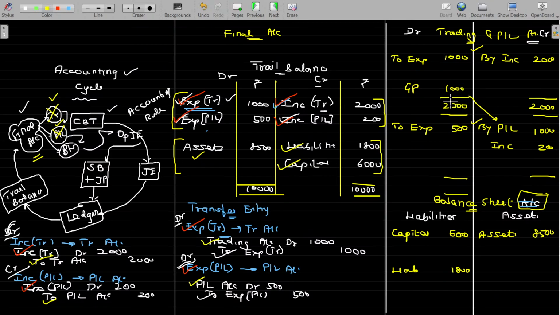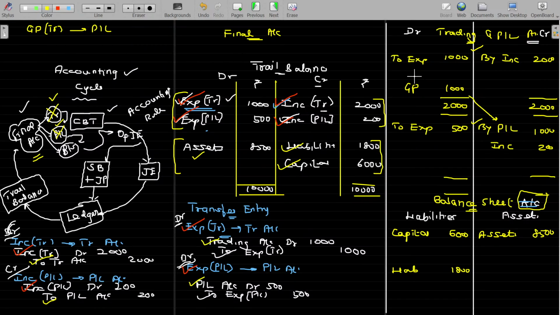Whenever we are transferring from one account to another account, we need to pass the entry. Come on, pass the entry for transferring the GP. GP of trading account transferred to P&L account, right? So the entry being P&L account debit. P&L account debited or credited?